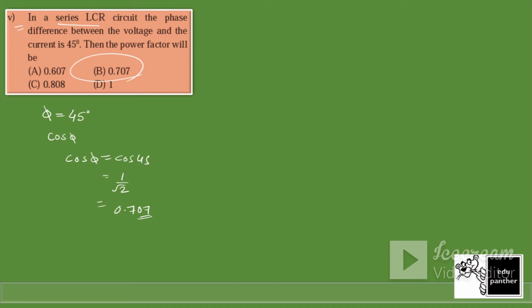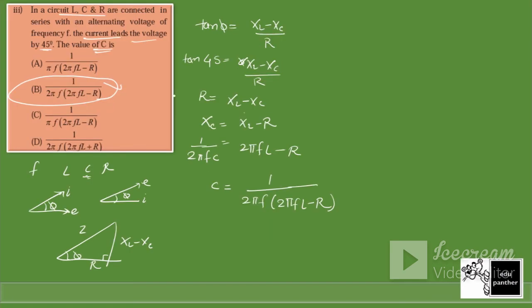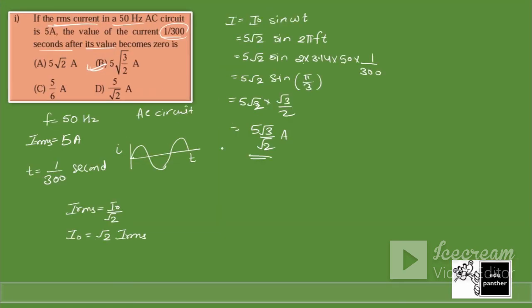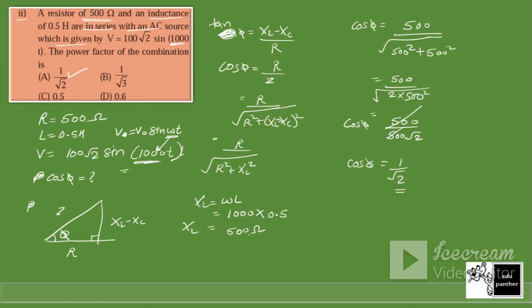So that's all for this session. In this session, we solved these 5 MCQs of the AC circuit chapter. In the first numerical, we learned about the equation for the current in an AC circuit. Then the concept of IRMS and RMS value. The full form of RMS is root mean square. Then the formula for the phase angle and the power factor.